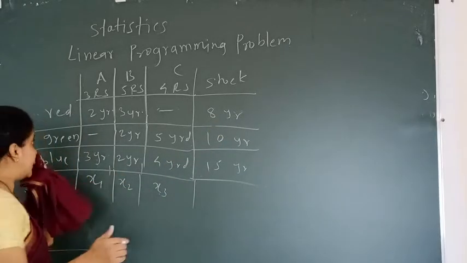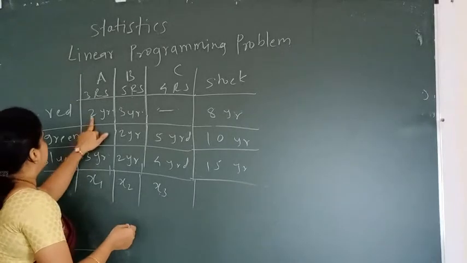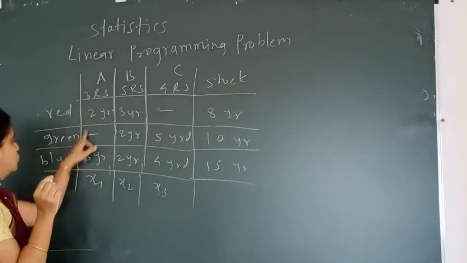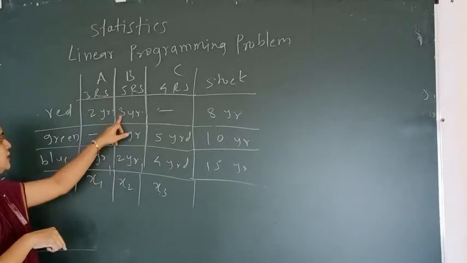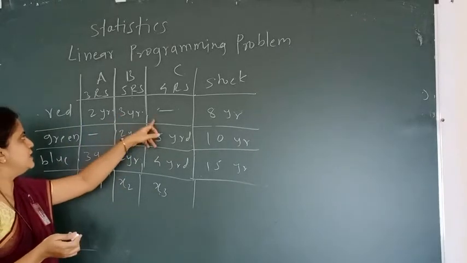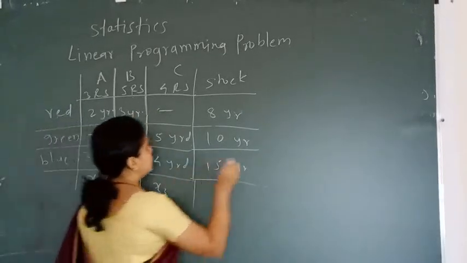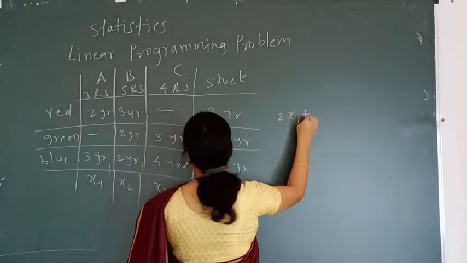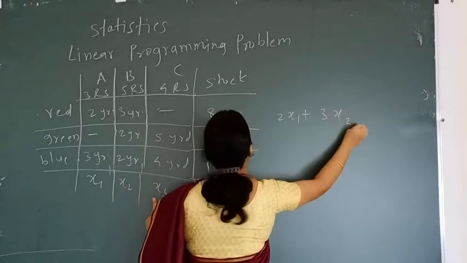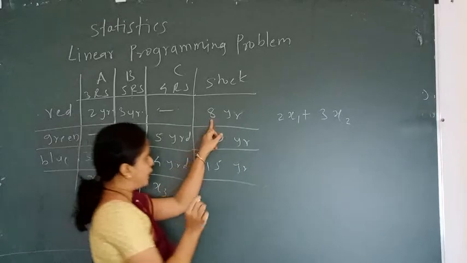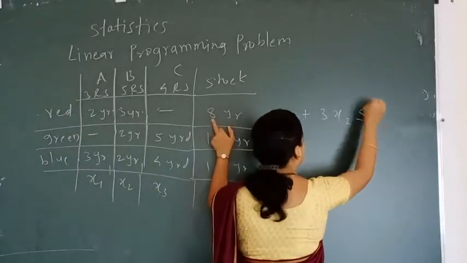So the equation must be less than or equal to 8. So I have the first constraint as 2x1 plus 3x2. Since C doesn't need red wool, the value of x3 is absent over here. So 2x1 plus 3x2, since it is red wool and red wool has only a stock of 8 yards, is less than or equal to 8.